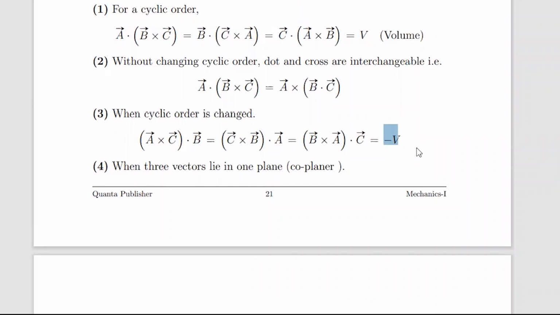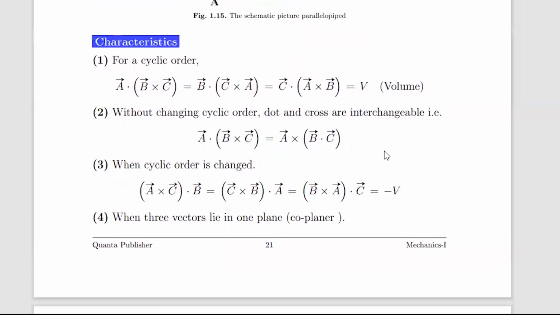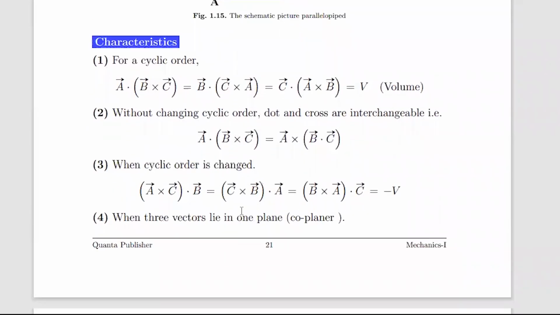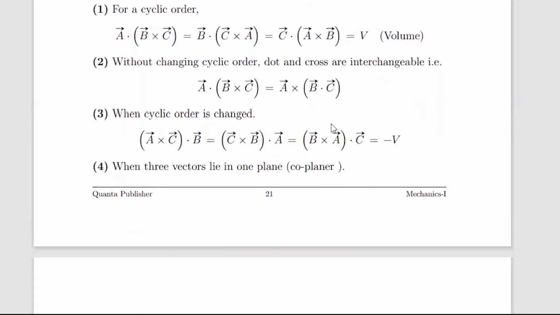Remember that volume cannot be negative, but here negative means only the direction of the resultant. Like if the direction is upward in one case, in the other case the direction will be downward, and no change will occur in the magnitude. The magnitude of both the first and third features will be the same.